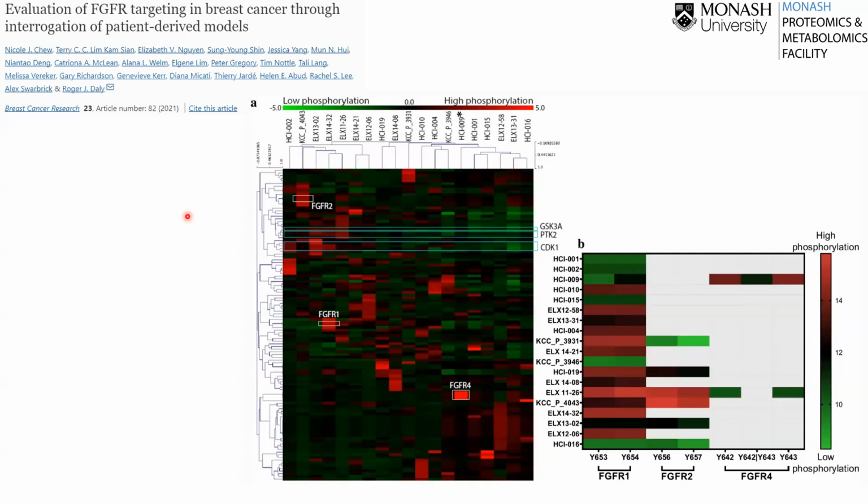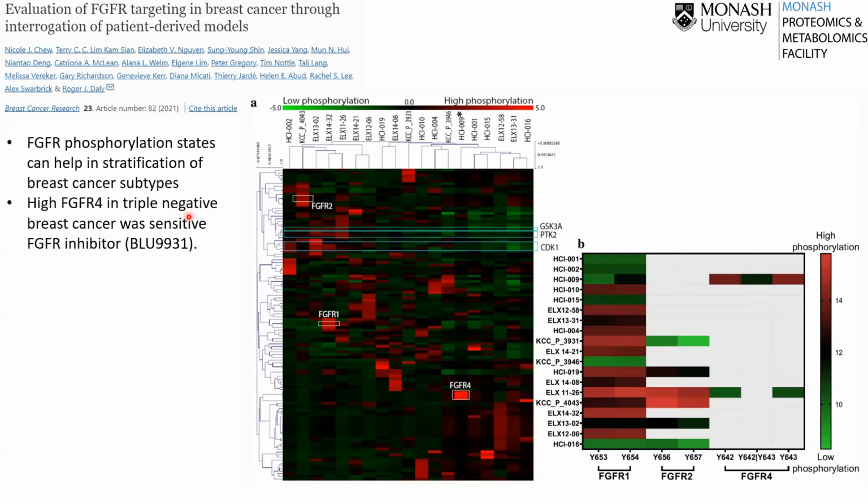In this study, they identified this FGFR receptor, which is a growth factor receptor, the same family as EGFR. So looking at the phosphorylation status of these receptors, they could stratify between the different breast cancer subtypes.